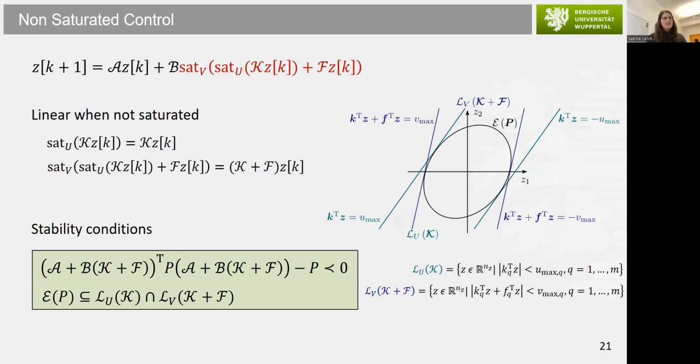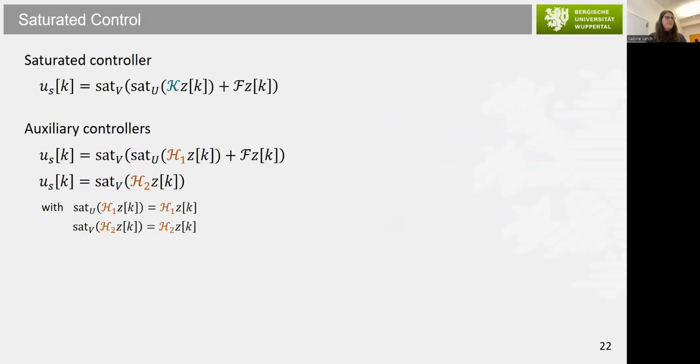So it would be better to allow reaching the saturation limits. So let's just assume we have a controller K that can lead to saturation of the actuator. But how can we deal with the nonlinearities then? Therefore, we introduce two auxiliary controllers, H1 and H2, whereby H1 does not lead to a saturation in the magnitude and H2 not in the range.